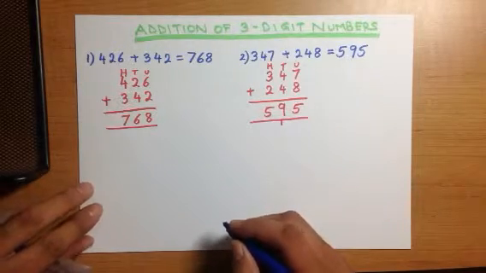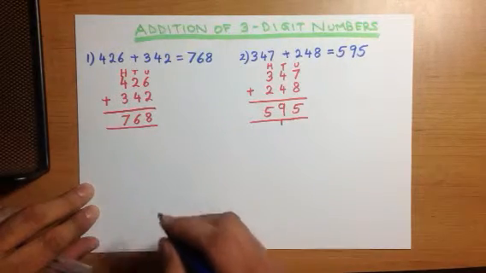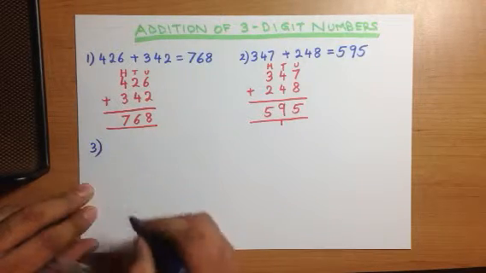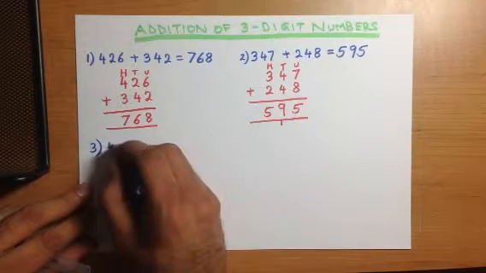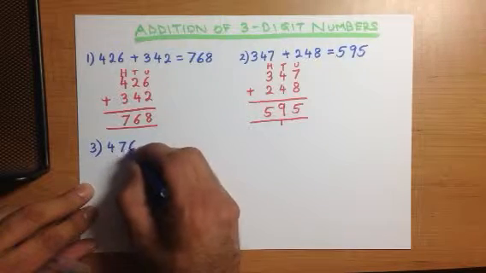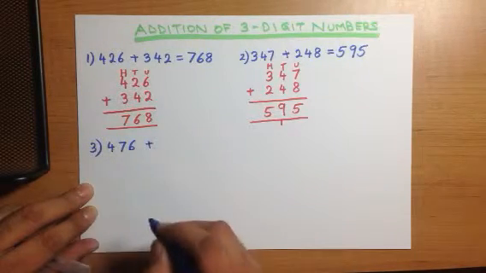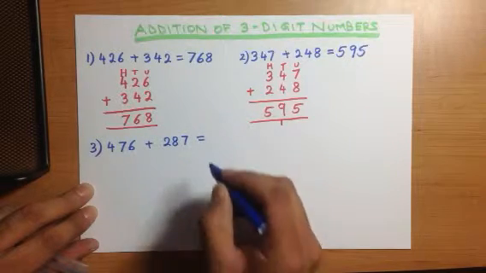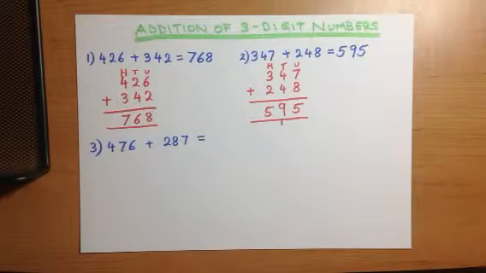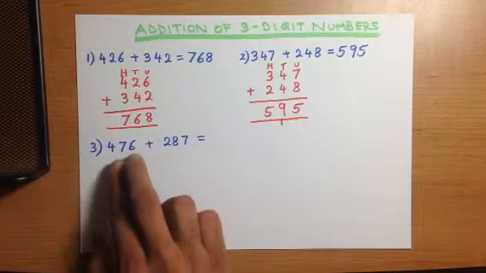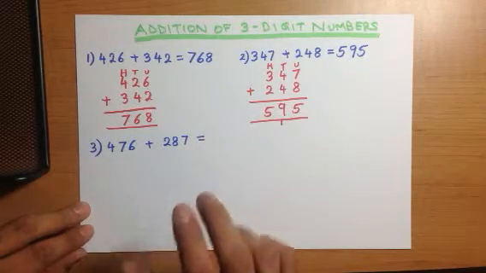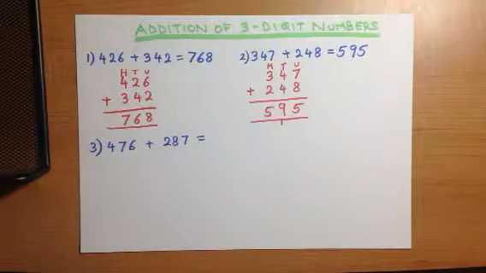Let's work through another example where more than one column adds to 10 or more. So what is 476 plus 287? Again, because the last two digits of this number and that number are quite large, it looks like a difficult calculation.